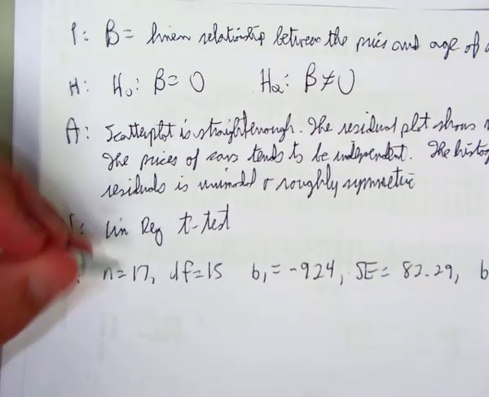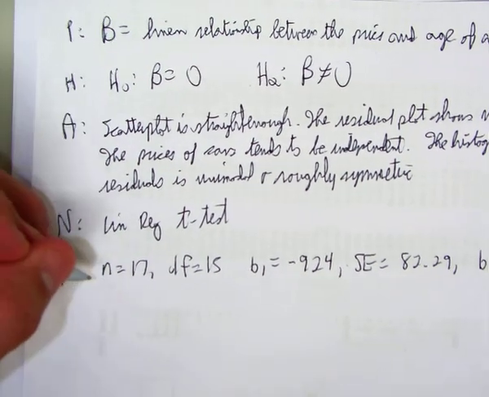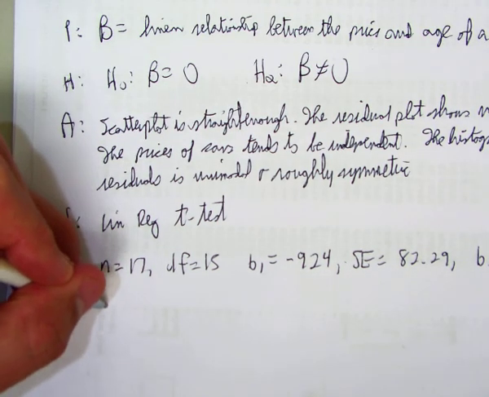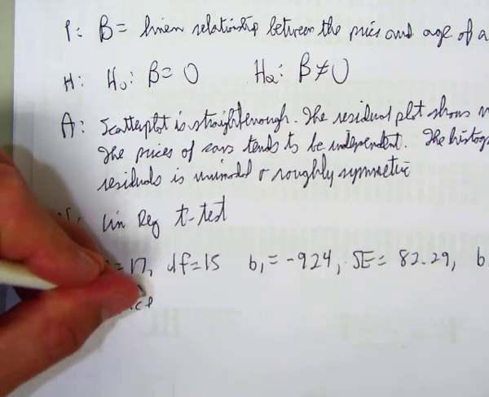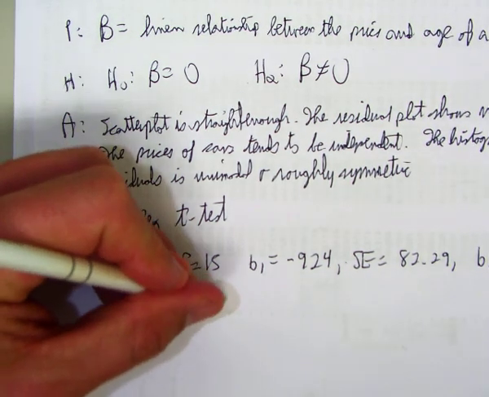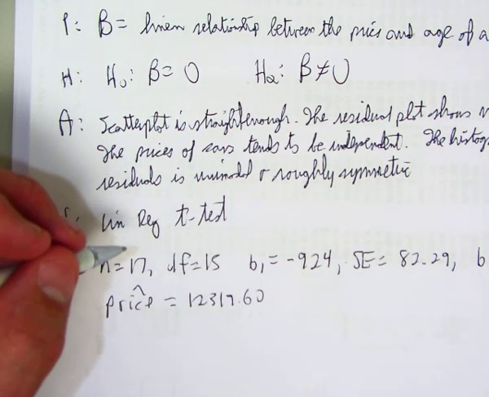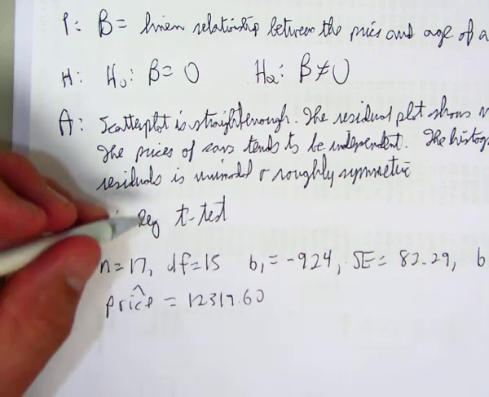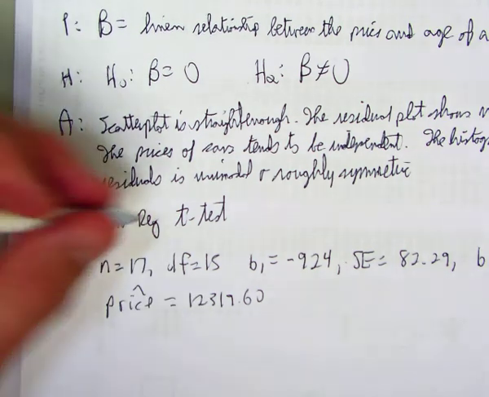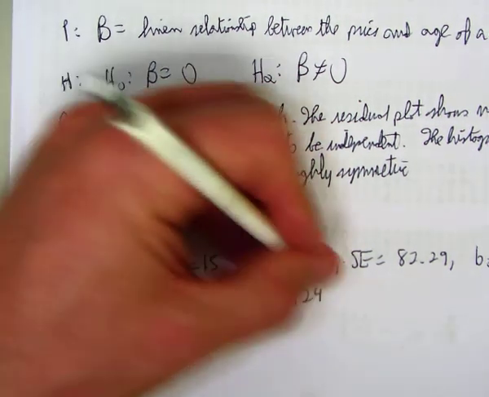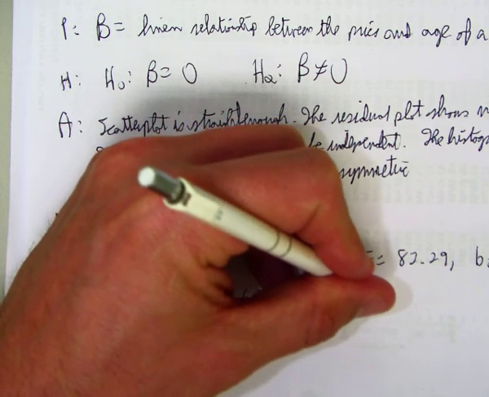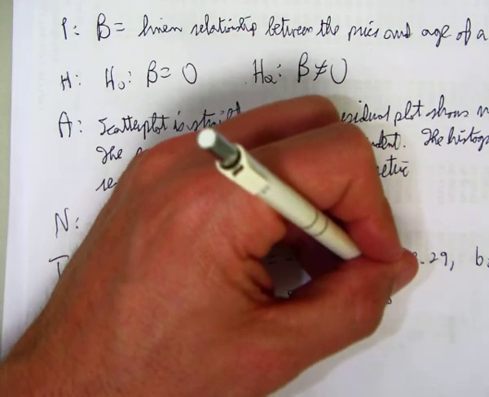So I'm going to write the linear regression equation here. Predicted price equals 12319.60, which would be the predicted value of a brand new car, minus 924 times years. Okay.